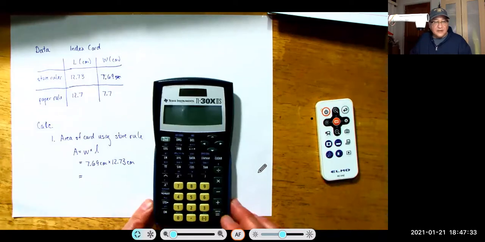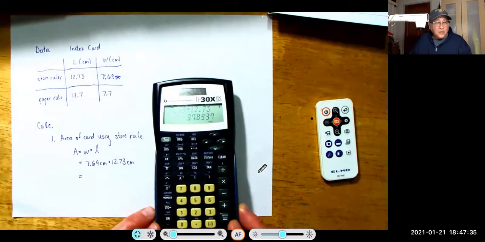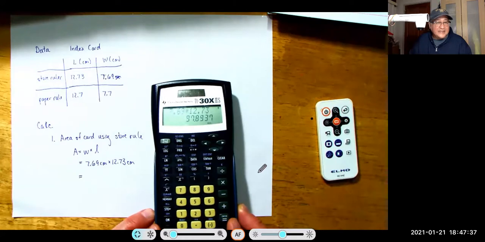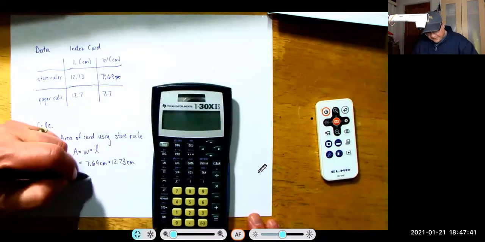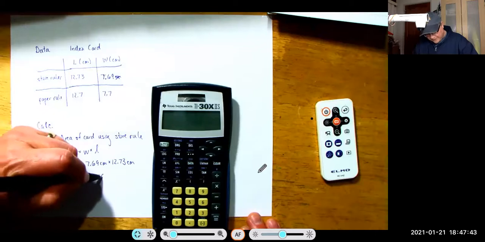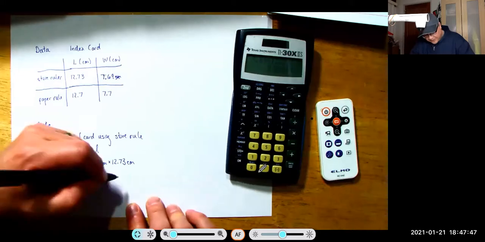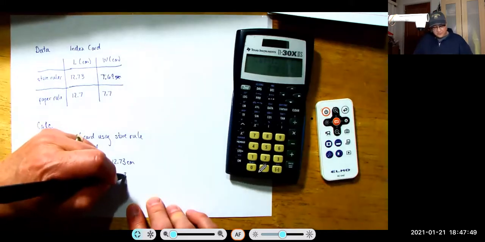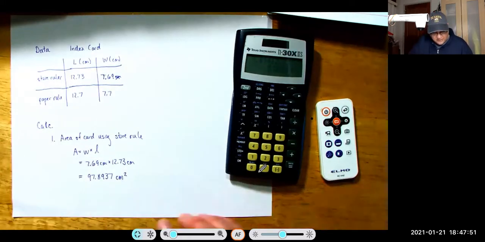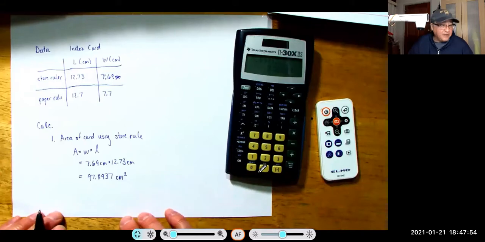And if I tilt the calculator, you can actually see that we get 97.8937. And a centimeter times a centimeter is a centimeter squared. So that would be our calculation that we would show for the area of the card using the store ruler.